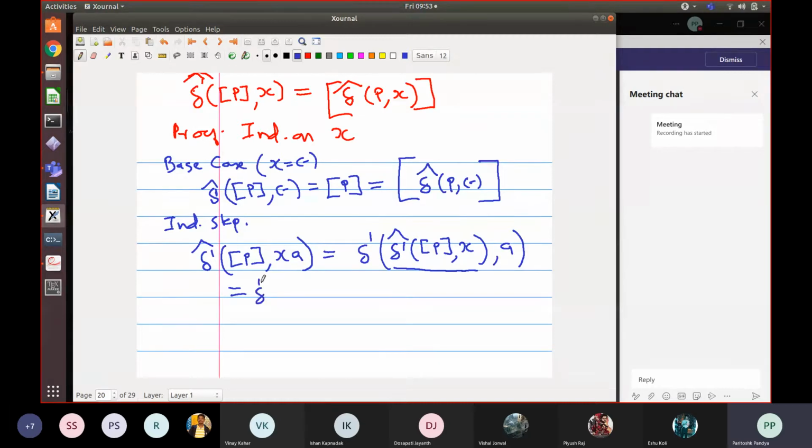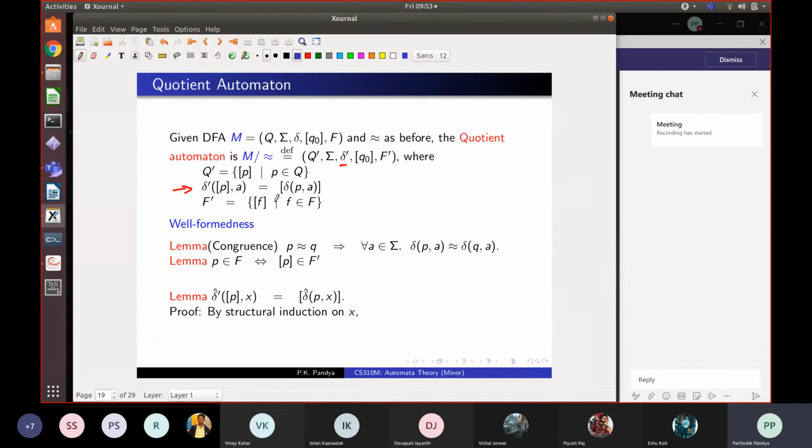So the remaining thing I leave as it is, and the underlined thing can be replaced by delta hat of P on x and its equivalence class, right? So instead of this underlined thing, we write down this underlined thing, comma a, right? But by the definition of delta prime, delta prime was defined as this.